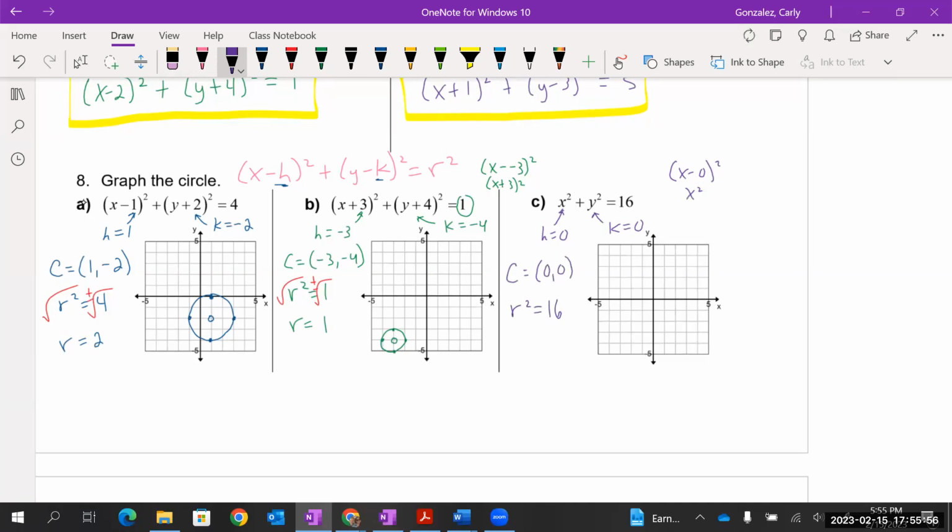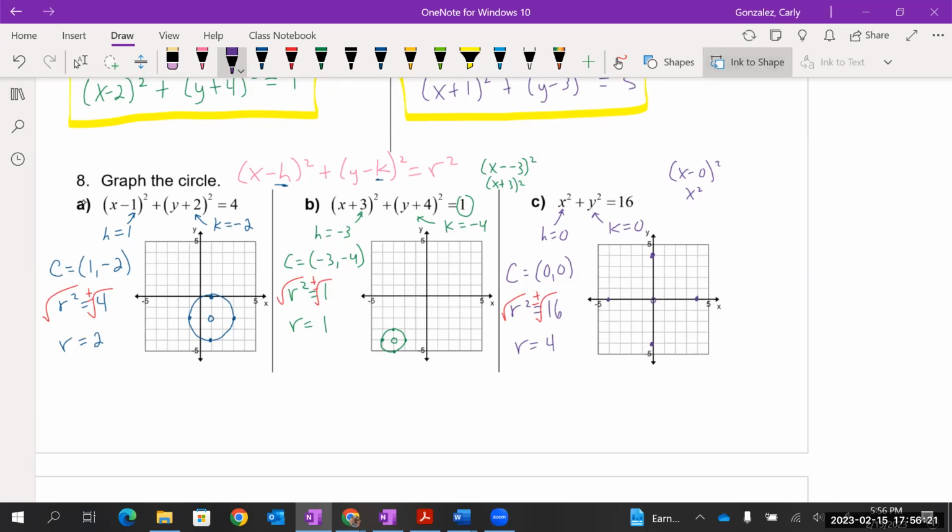r squared is 16, so we can take the square root of both sides. Normally, we'd get a plus or minus, but r will be positive 4. The square root of 16 is 4. So now we're centered at the origin, but our radius is 4. So we will go up 4, right 4, down 4, and left 4.